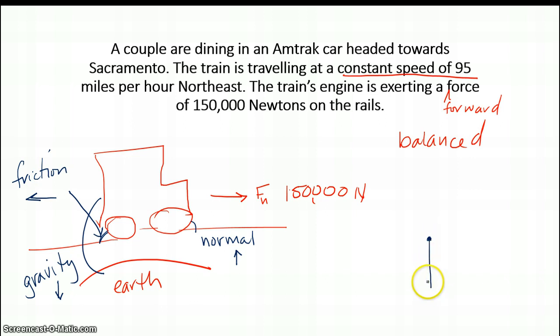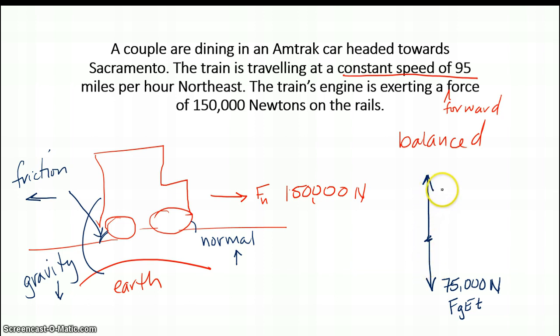The activity says that we have a gravitational force of the train of 75,000 newtons, and this is a gravitational force between the earth and the train. I also know I have that normal force, so that should be a vector that's equal.